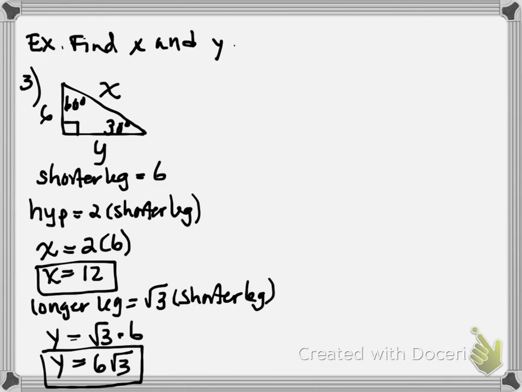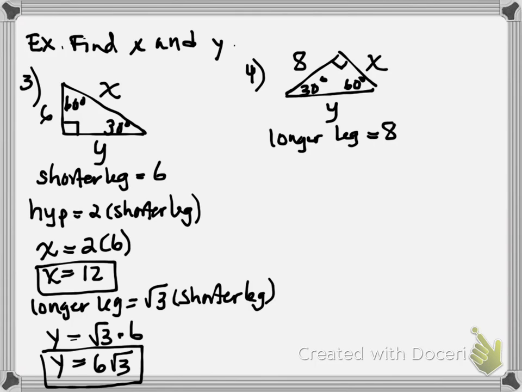All right, let's do one where it's more complicated, where they don't tell us the shorter leg. So here's our right triangle. Here's your 30-degree angle, which would make this one 60 degrees. I'm going to give you a leg of 8, a leg of x, and a leg of y. What does the 8 represent in that triangle? It's the longer leg.